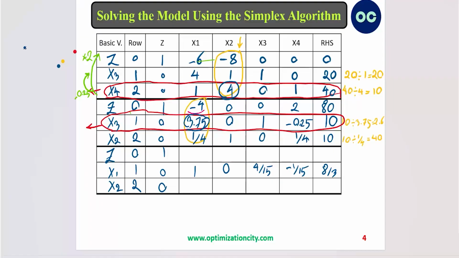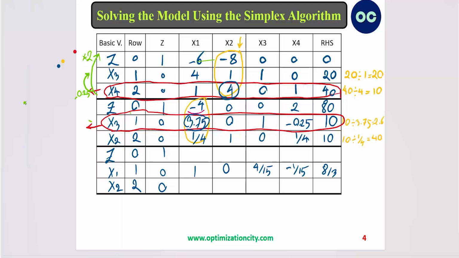In order to make 0 the coefficient of x1 in row number 0 and row number 2, we need the operation we stated before.